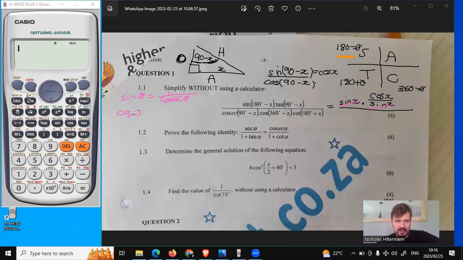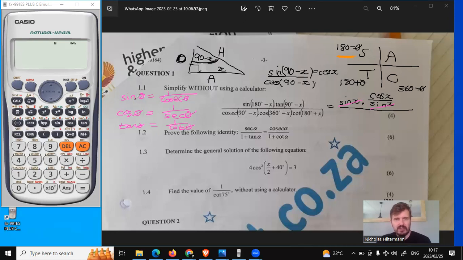I always remember cosec. Cot is the easy one because it has a t in it: tan is 1 over cot. I remember tan because it's short for cotan.